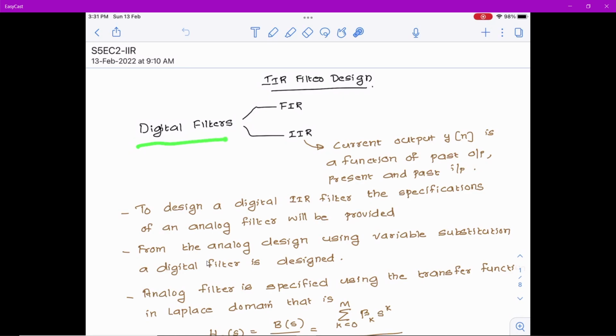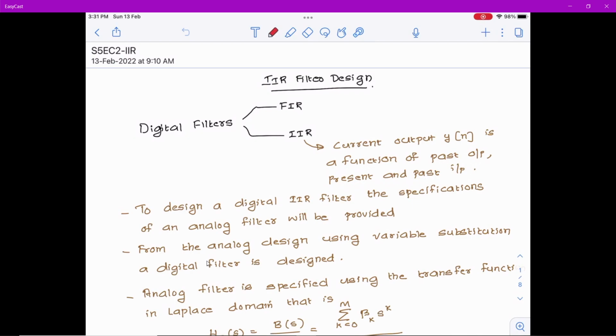Basically the digital filters are of two types, FIR and IIR. IIR means infinite impulse response. In an IIR filter, the current output y of n is a function of past output, and present and past input.